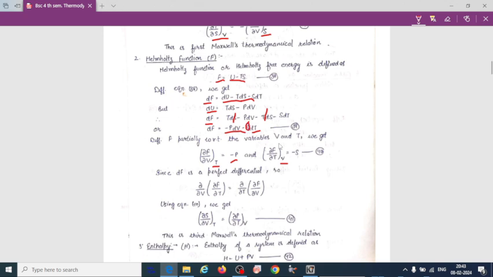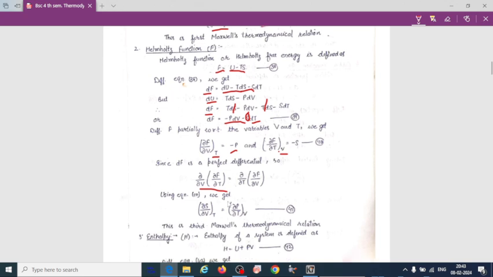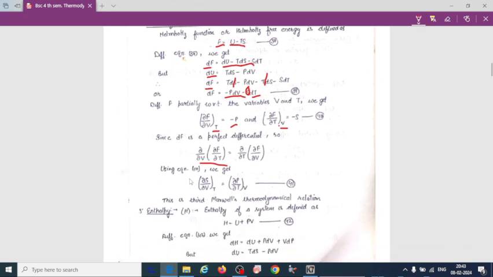Similarly, if volume is constant, then we can have the equation for entropy here. After getting these equations, as we know the perfect differential form of F, using these equations we can write the second Maxwell thermodynamic relation, that is, dou S by dou V at constant temperature is equal to dou P by dou T at constant volume.